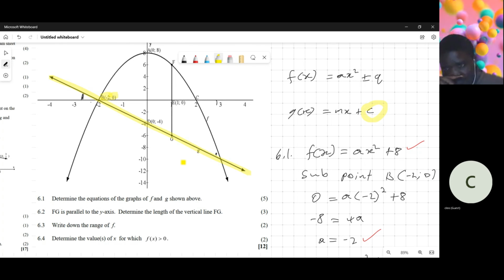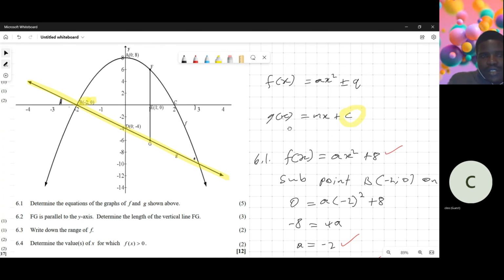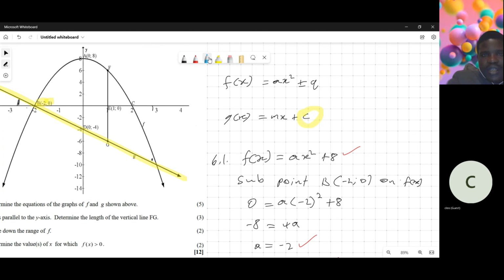Okay, so let's solve for g. Our equation at the moment, g of x is equal to mx minus 4. Okay. If I can just write it here.